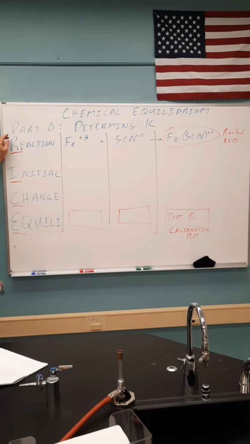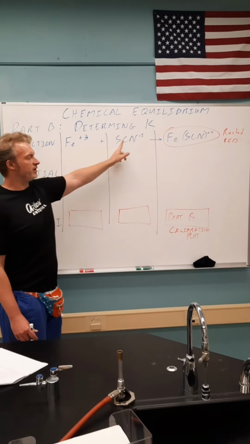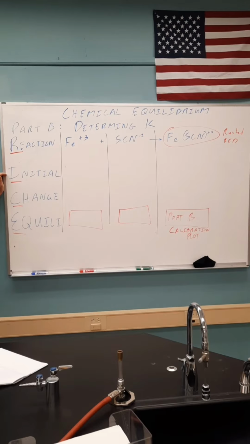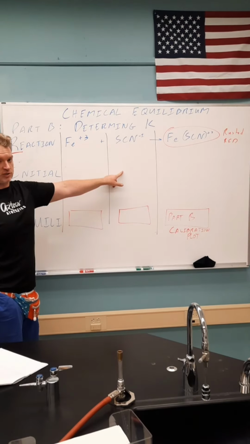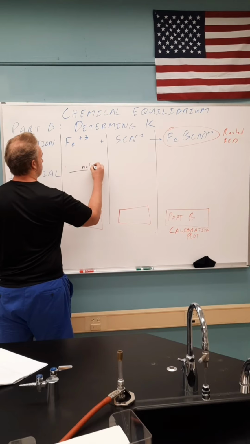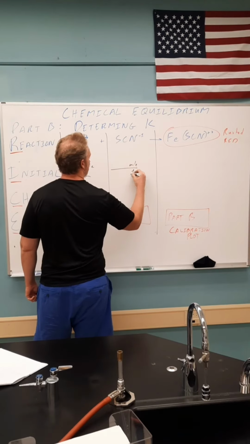The balanced chemical reaction needs to be written up here. Whether there are 1s in here or not, you need to make sure. The initial concentrations, you know these initial concentrations because you made the solutions. Now remember, concentrations are moles per liter. Moles per liter.